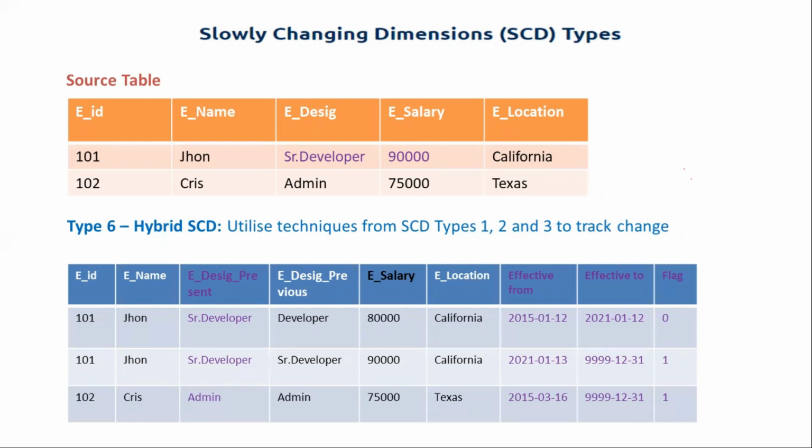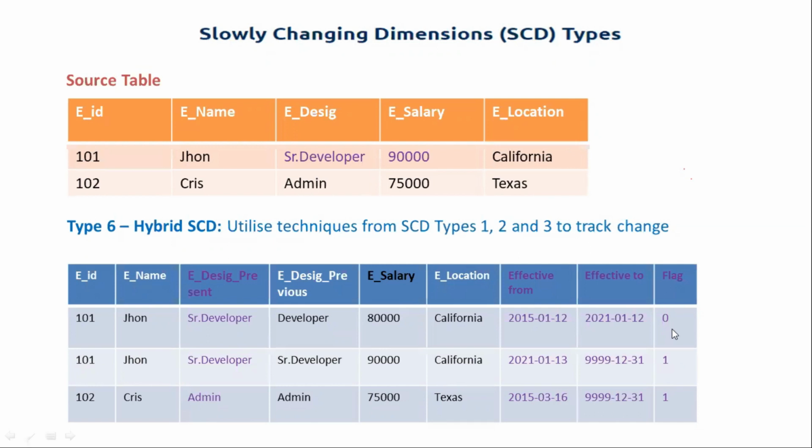So first of all, try to ignore the second record as of now. Concentrate on the first record. Earlier, if this person didn't have any hike in salary, what would the value of the present designation be? The present designation should be developer only, right? Like how we are seeing admin here, developer, and the rest all the same.